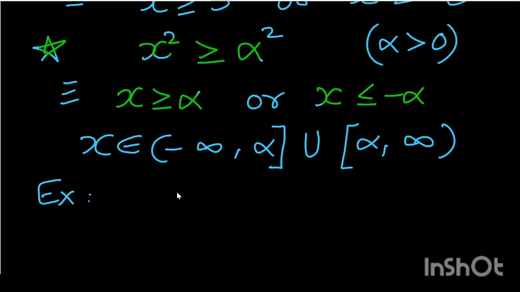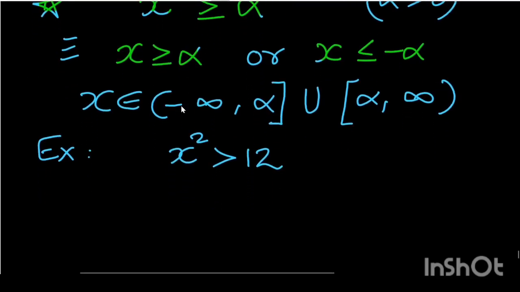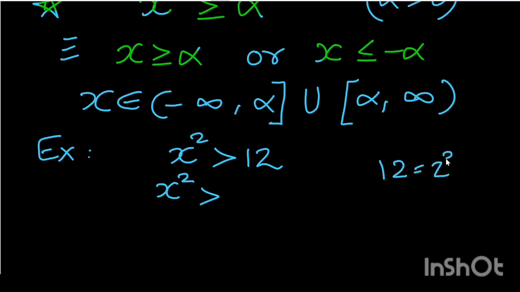Now for example, if it is x square greater than 12, here I haven't taken the equality sign. So what we will do in the first step, we will write 12 as the square of what? So 12 is, guys, 2 square into 3.